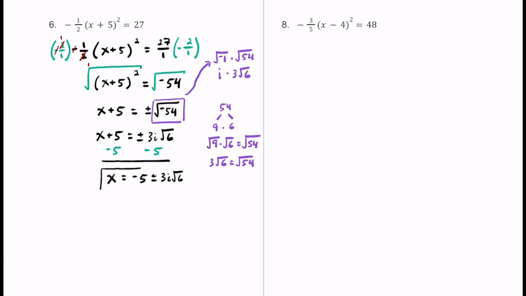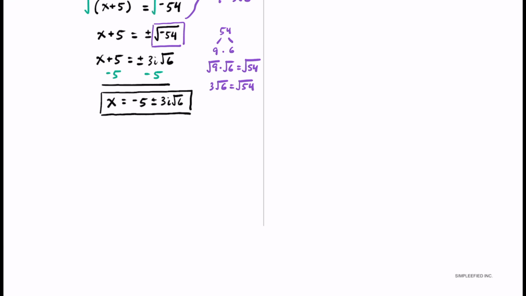This would be the 2 solutions for this quadratic equation, and they're both complex or imaginary. Okay, so if we want to separate these, feel free to do so. We can say x is equal to negative 5 plus 3i root 6, or we can say that x is equal to negative 5 minus 3i root 6. So those are going to be the 2 complex solutions.